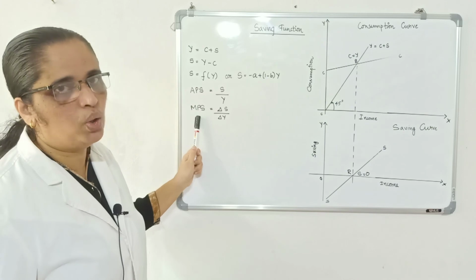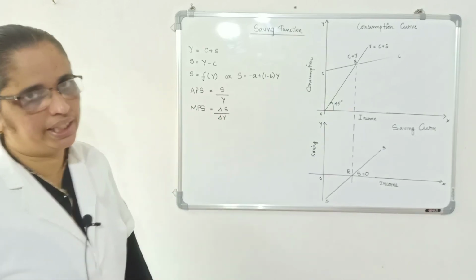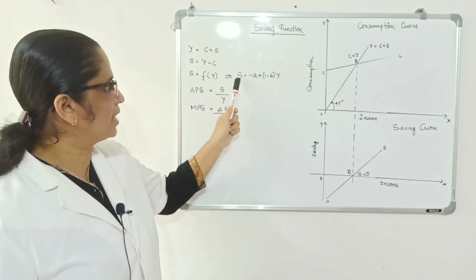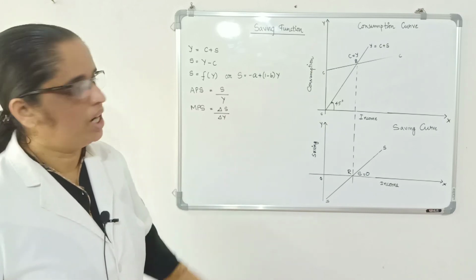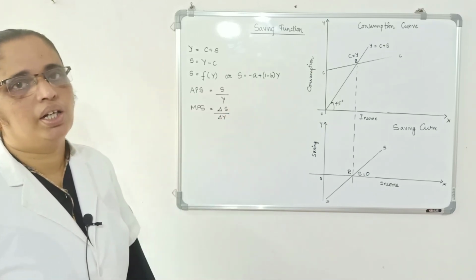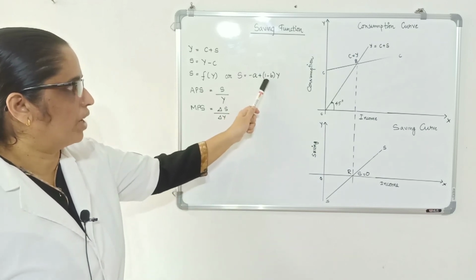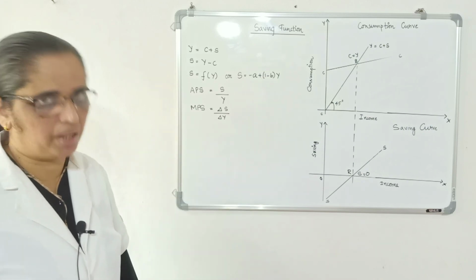MPS is equal to the ratio of change in saving due to change in income. Or in the form of an algebraic equation, saving function is minus a plus (1 minus b) into Y. Minus a stands for negative savings, that is, savings at 0 level of income. 1 minus b stands for MPS and Y stands for level of income.